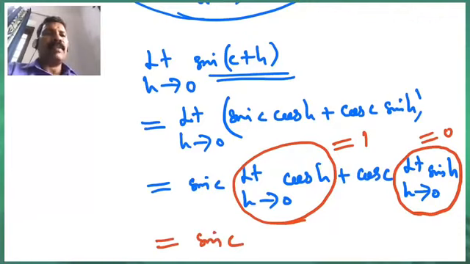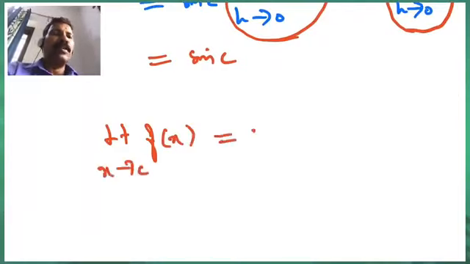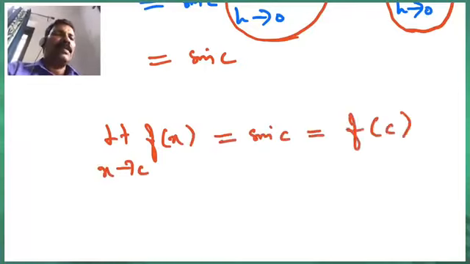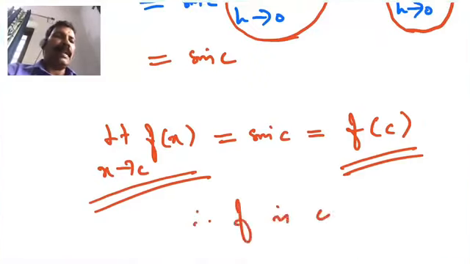So what we could prove is that limit of f(x) as x tends to c is equal to sin c, and that is equal to f of c. So the limit value and functional value of the function are the same at x equal to c, and c is any real number. Therefore, f is continuous. That is, the sin function is continuous.